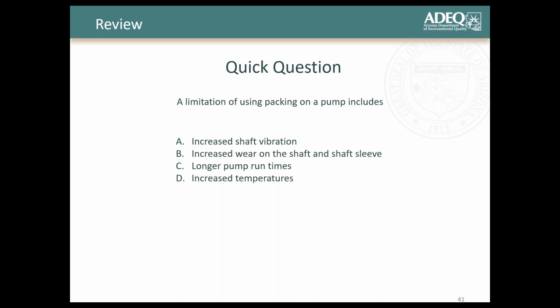Answers are rolling in right now. Looks like we got a mixture, largely B, but a good number of D's as well. And those of you that said B, yeah, it's the biggest limitation of packing on a pump.